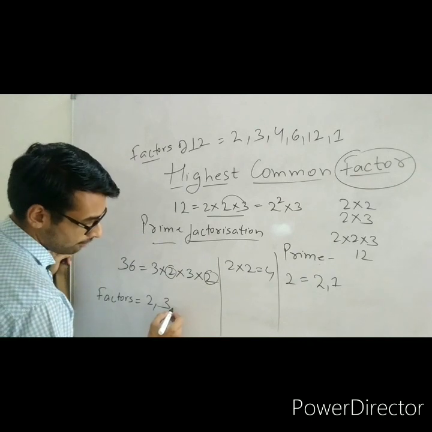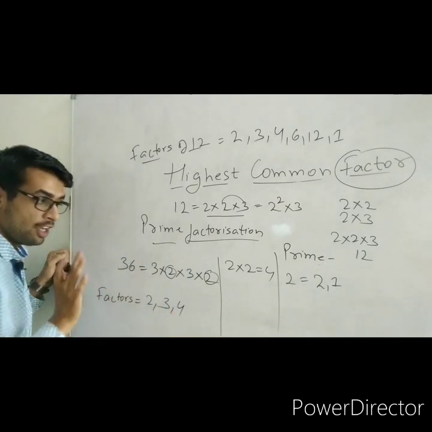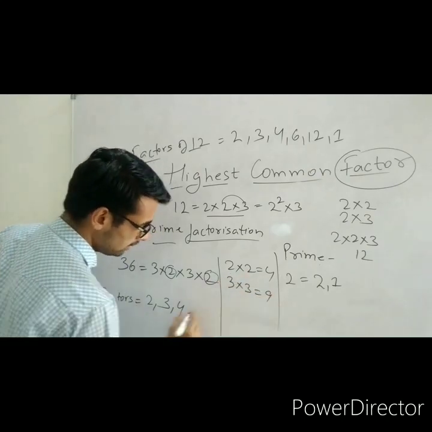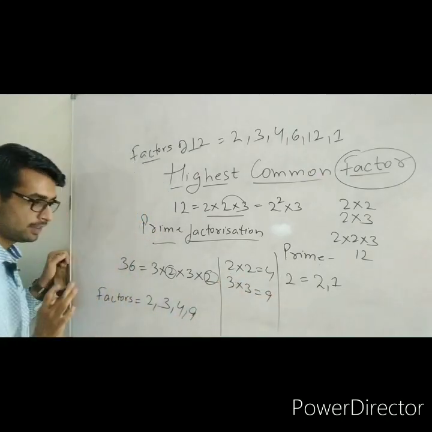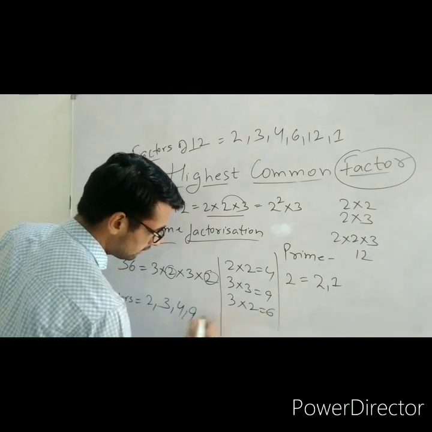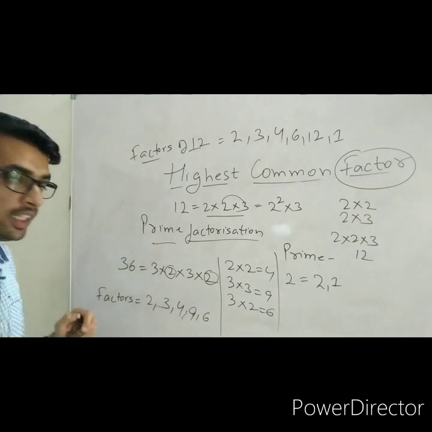We can write the 4 over here, and 4 is a factor of 36. We can make a combination of 3 multiply 3, which is 9, so 9 is a factor of 36. 3 multiply 2 is 6, so 6 is a factor of 36. In this way.